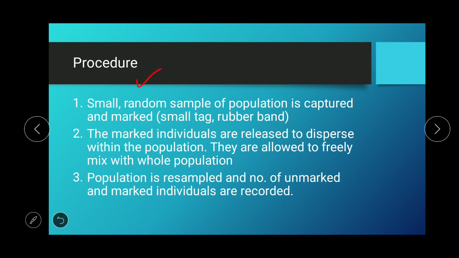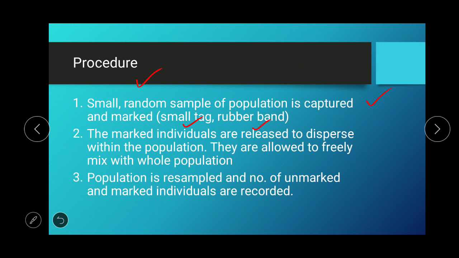A small random sample of the population is captured and they are marked. A random sample means it is not specific that you have to catch the organisms from a particular area of the forest. You can catch them from any area, and you will mark them with a small tag, for example a rubber band.